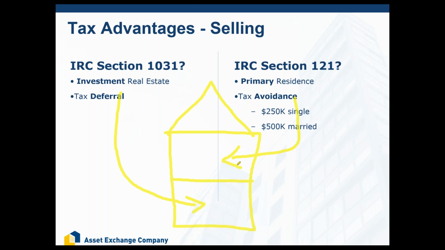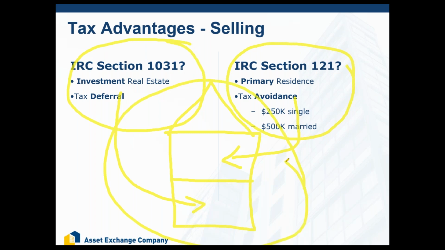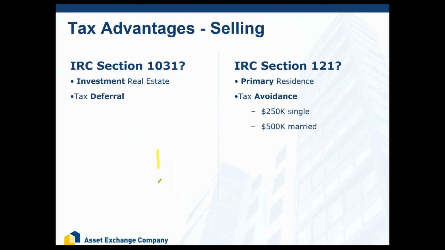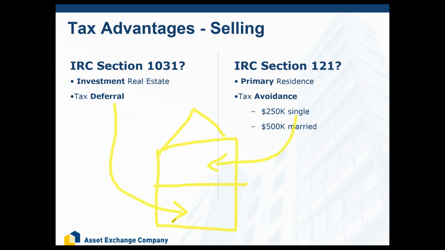But your client can take both the homeowner's exemption and the 1031 exchange on this one property because there are 2 uses to that property. The property is used both as a primary residence and a rental. So we can apply both tax breaks to the sale of this building.